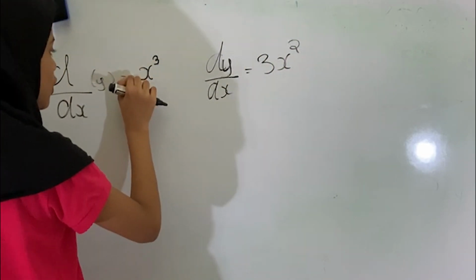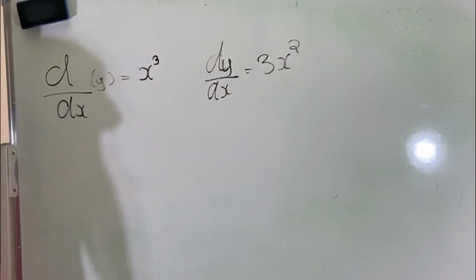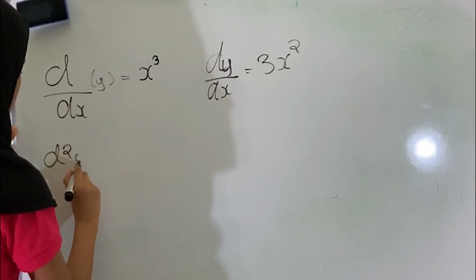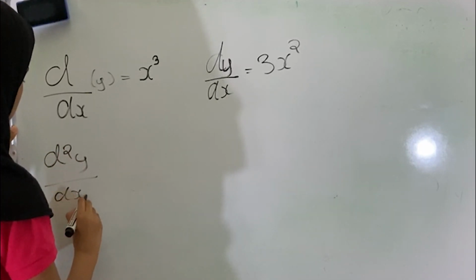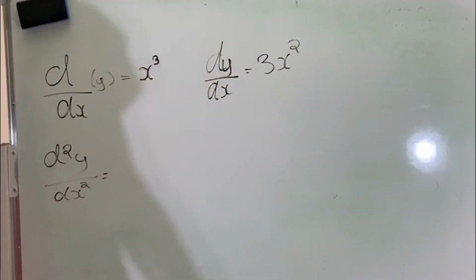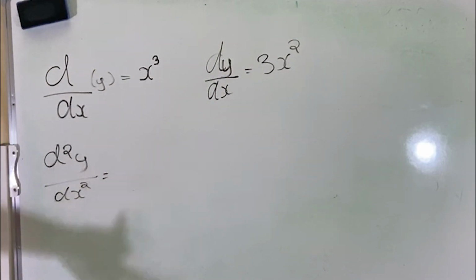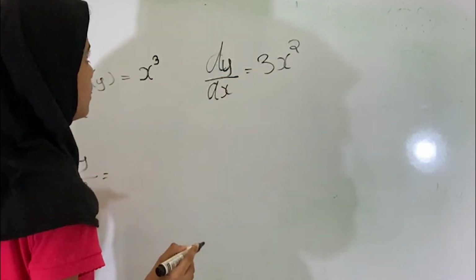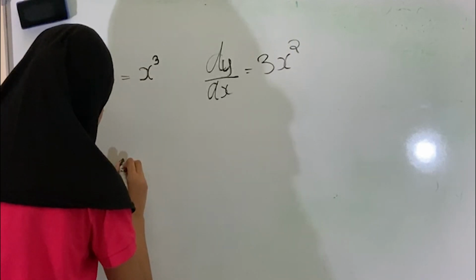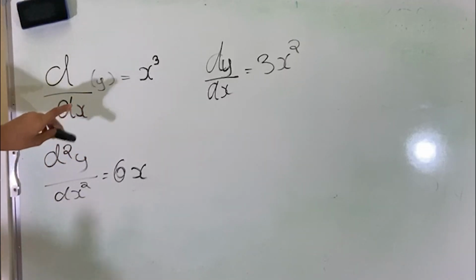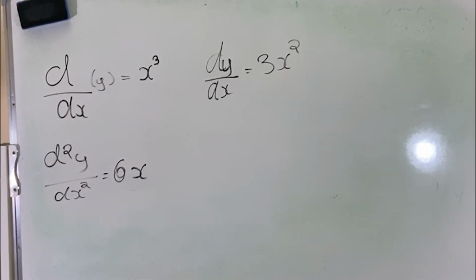You put the 3 over here, and 3 minus 1 is 2, so 3x square. Now what about d square y by dx square? For this, you will have to find the derivative of it once more. The derivative of 3x square is 6x. So d square y by dx square of x cube is 6x.